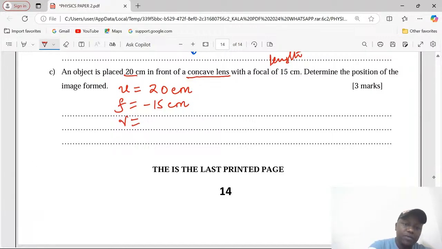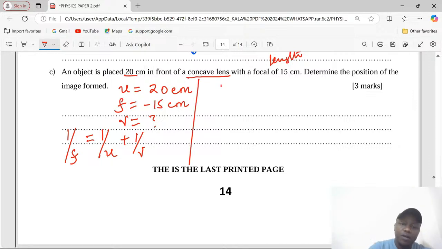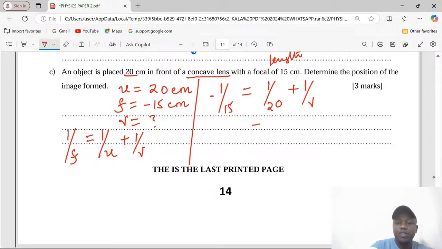V equals what? We must use the lens formula now. 1 over negative 15 equals 1 over 20 plus 1 over V. To remain with 1 over V, we take negative 1 over 15, then subtract 1 over 20.